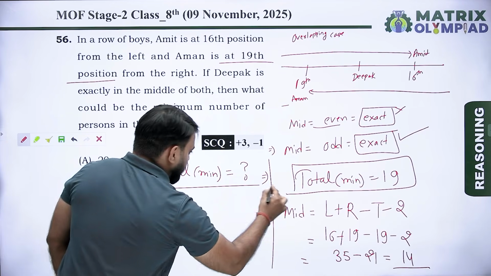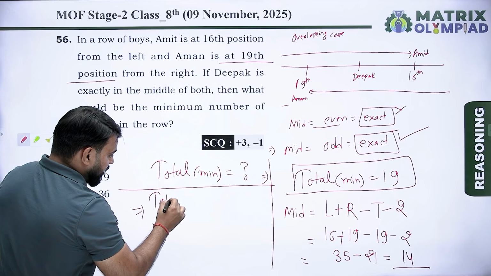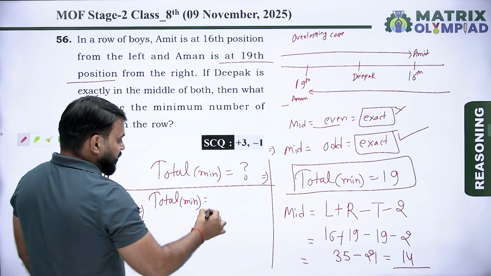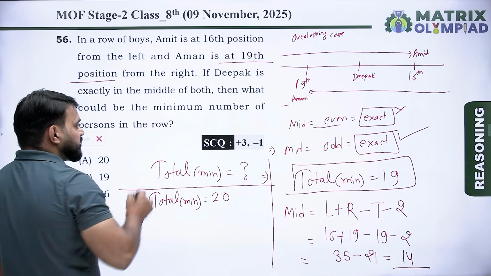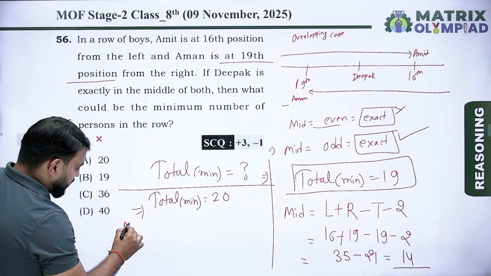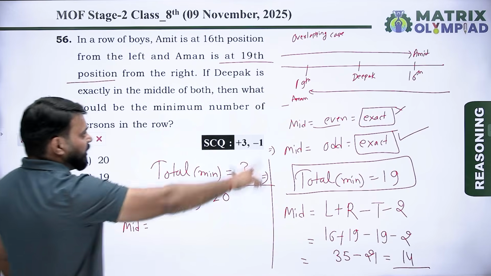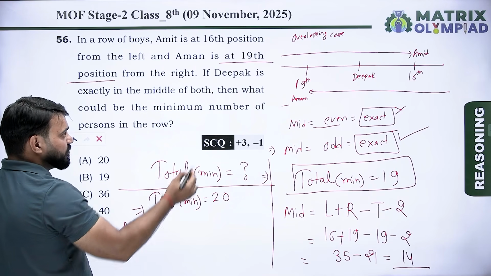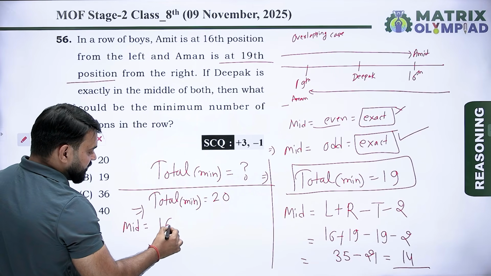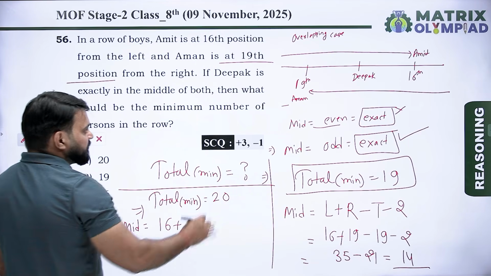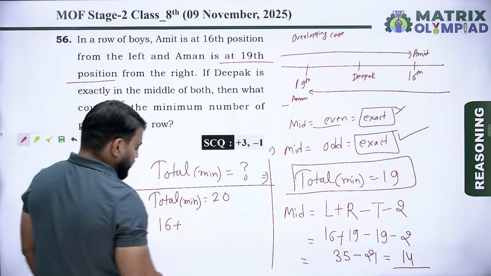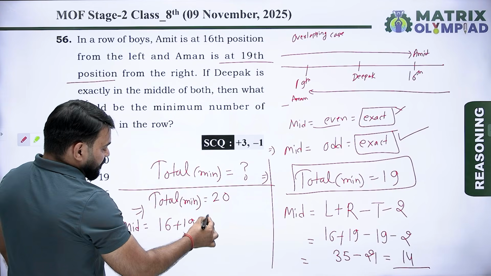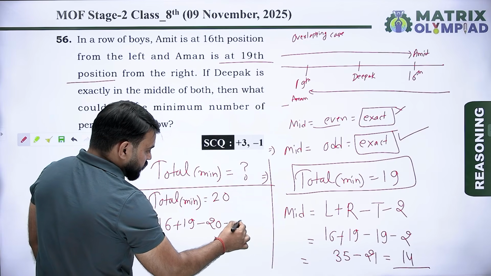Now suppose the total number of minimum people is 20 in this row. Then the number of mid people between Aman and Amit is equal to left position of Amit, 16, plus right position of Aman, 19, minus total people 20, minus 2.